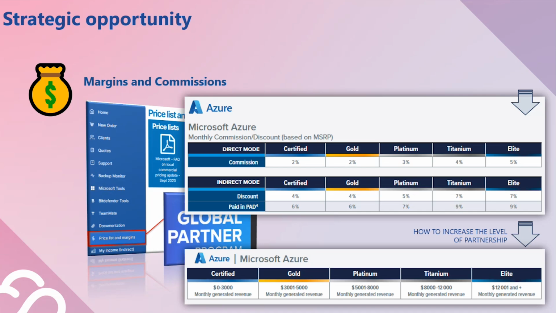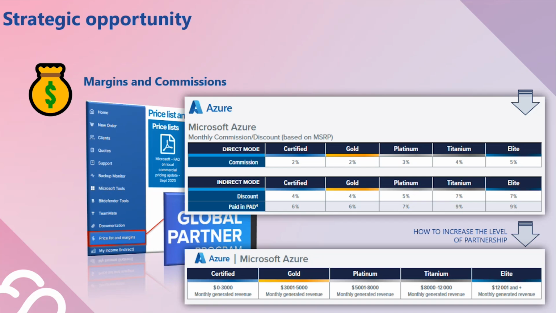It's easy to understand, from the lowest to the highest. We need to know which level of partner you are, which invoicing model you have, direct or indirect, and whether you pay by credit card or by PAD. Depending on that, you will know your percentage of margin and commission.